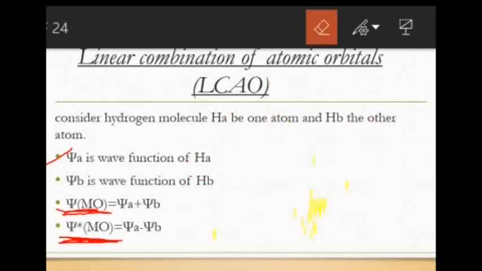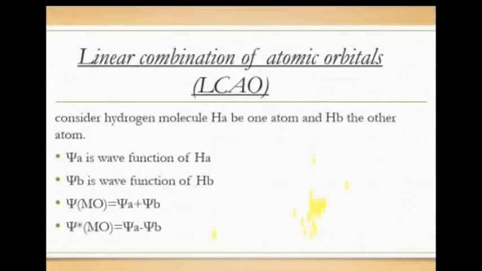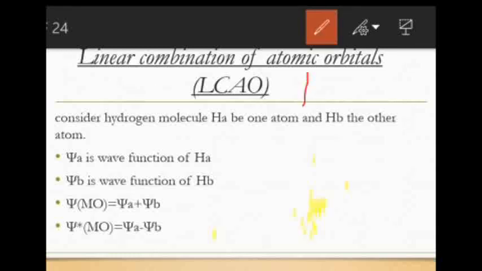Now we all know that one hydrogen's electron is in 1s and the other hydrogen's electron is also in 1s orbital.